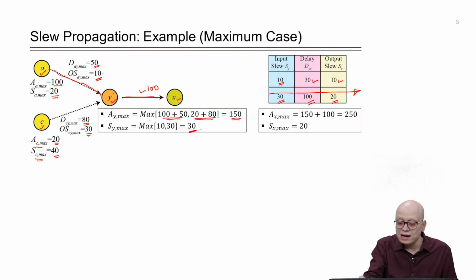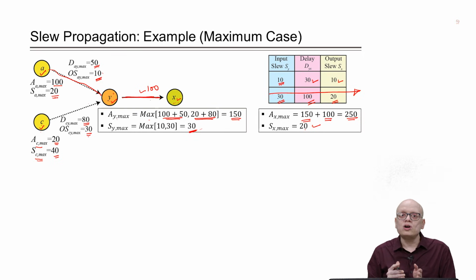So, the arrival time at y was 150, we add 100 to it, we get an arrival time at x as 250. And what is the output slew at the vertex x? We simply read this row and we get the value as 20. So, we get the arrival time at this point as 250, right, and the maximum slew as 20, right.